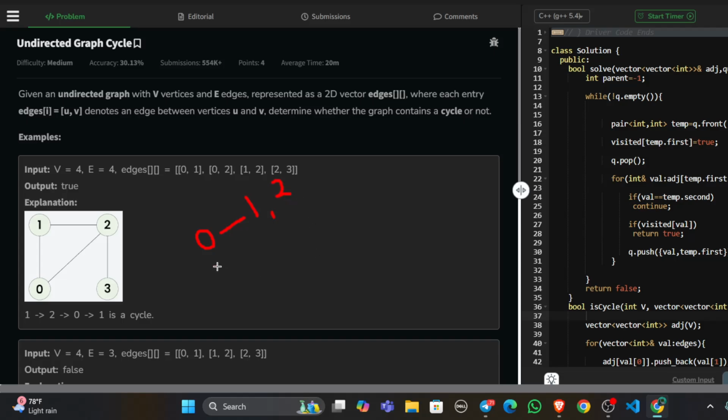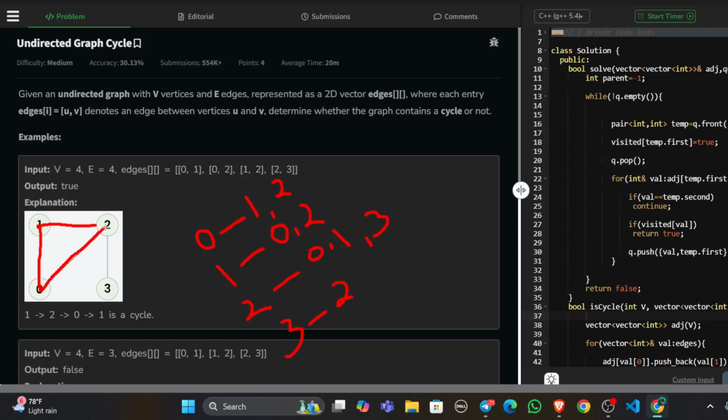One goes to zero and two. Two goes to one and three. Three goes to zero and two. Now we can clearly see that this graph forms a cycle.